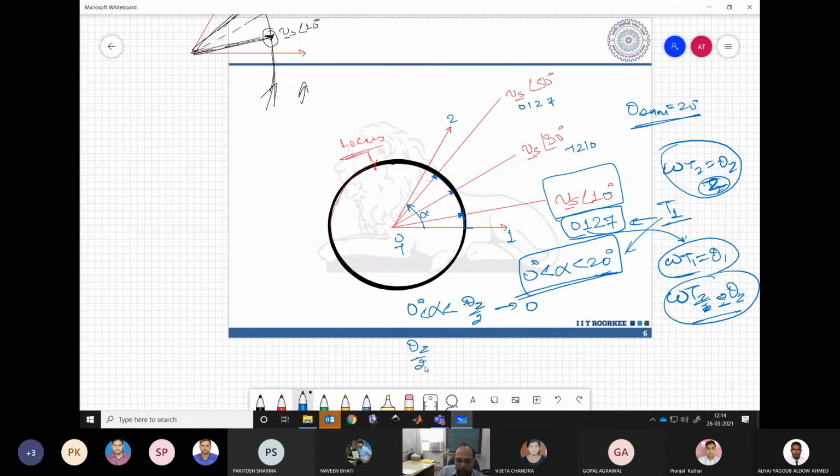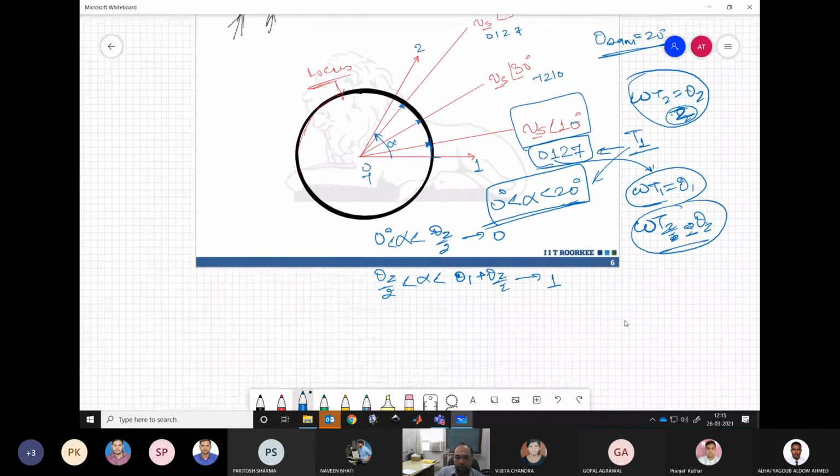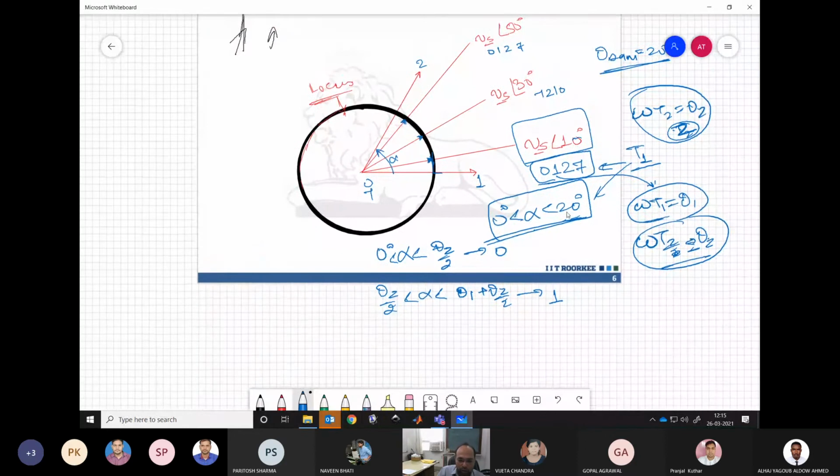Now from theta z by 2 to some theta 1 plus theta z by 2, over this interval we have applied 1 and so on. And the next interval could be like theta 1 plus theta z by 2 to theta 1 plus theta z by 2 plus theta 2. So like that it will go on, and here we are applying 2.